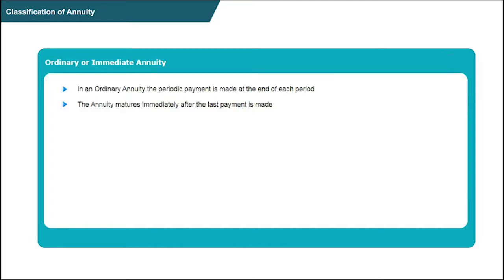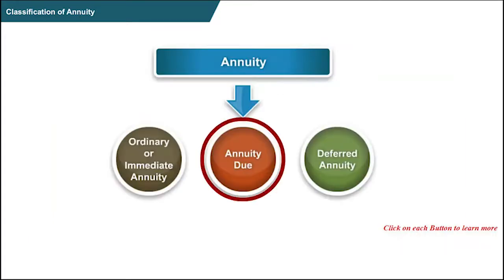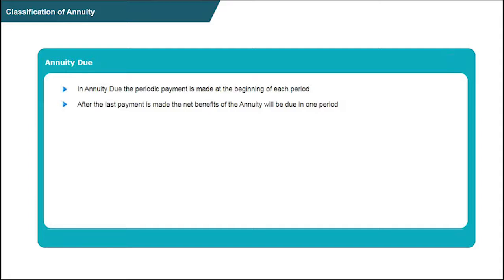This is ordinary annuity. Annuity due. When the periodic payment is made at the beginning of each period, it is called as annuity due. And when the last payment is made, the net benefits of the annuity will be due in one period.